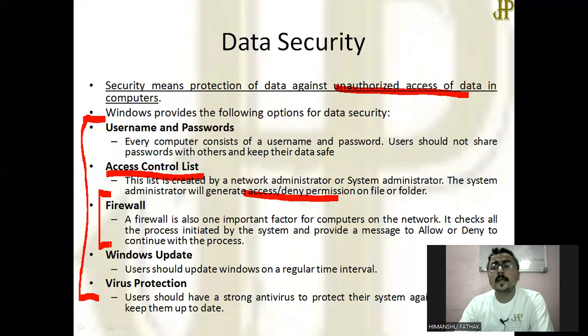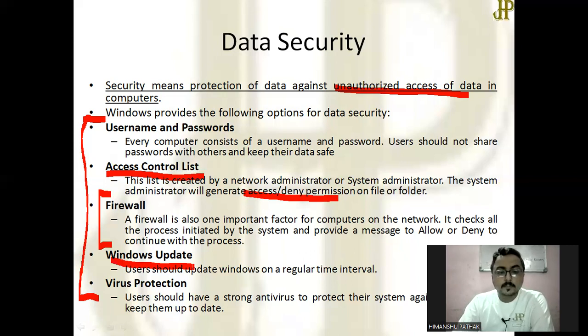Data security can be increased by doing Windows updates regularly. Why? Because various patches or virus definitions have to be installed regularly from the Microsoft website so that your operating system is up to date.